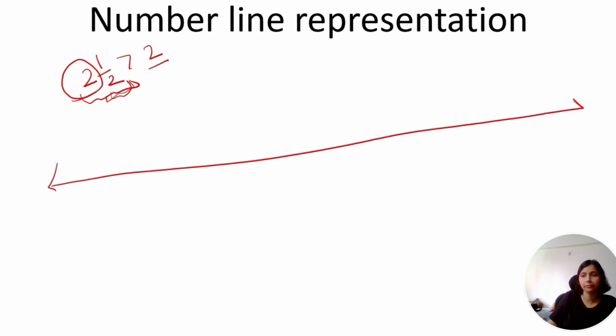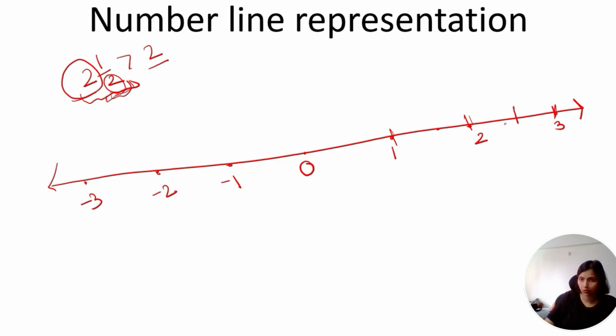So I will draw the number line. I will put 0 at the center. I will put 1, 2, 3. The arrows at the end show that the number line can extend to infinity in both directions. So we have 1 full part, 2 full parts, and from 2 to 3, again this one whole thing I have to divide into 2 equal parts.